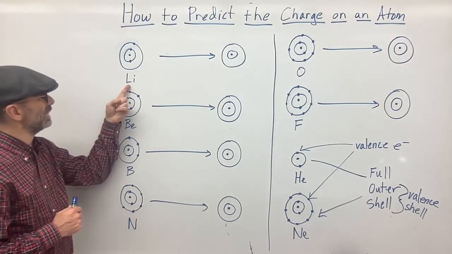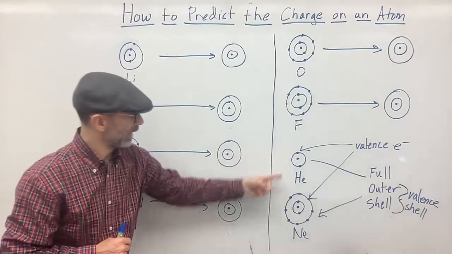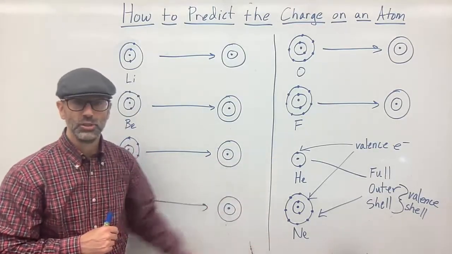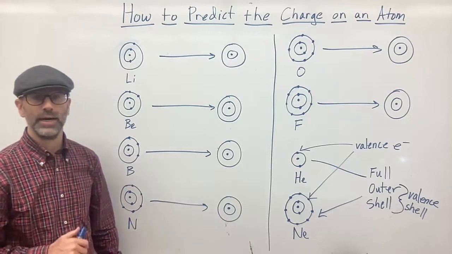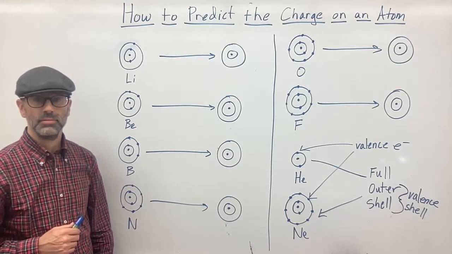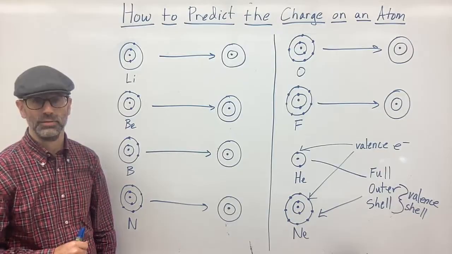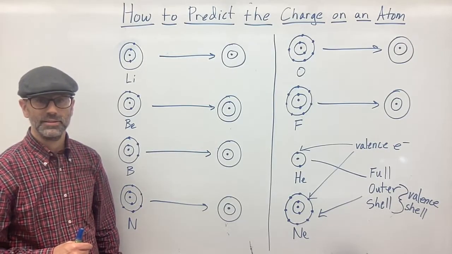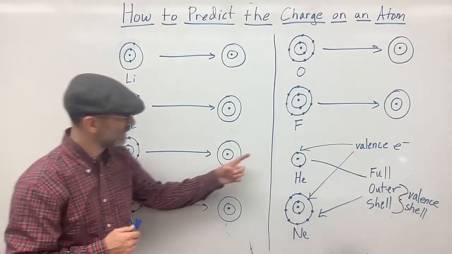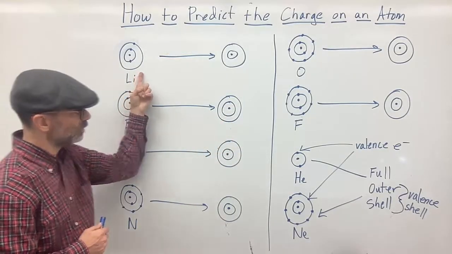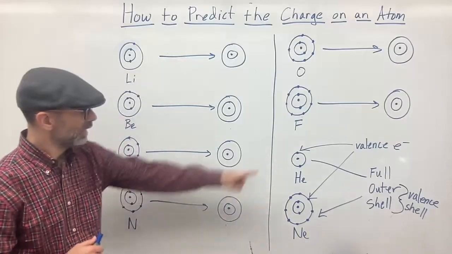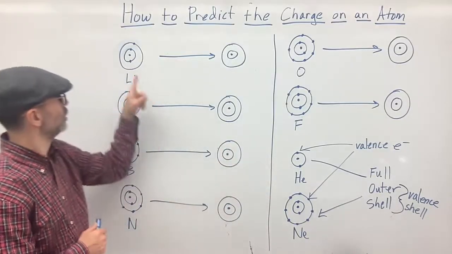So if we look at lithium, which noble gas on the periodic table is closer to lithium? Take a look right now. Which one is closer? Yes. Lithium is closest to helium, right? Helium is closer to lithium.